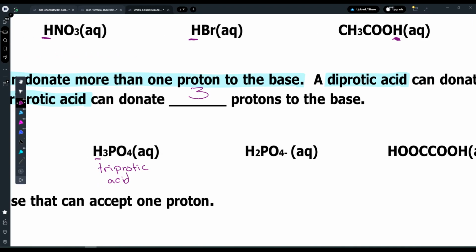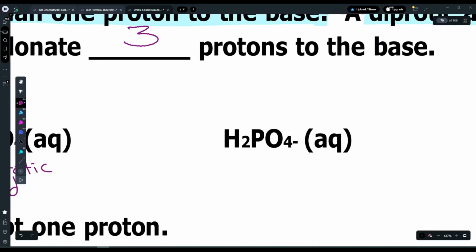The next species is dihydrogen phosphate. This is an ion, but if we are talking about it acting like an acid, this would be a diprotic acid because it has 2 hydrogens that it can donate.